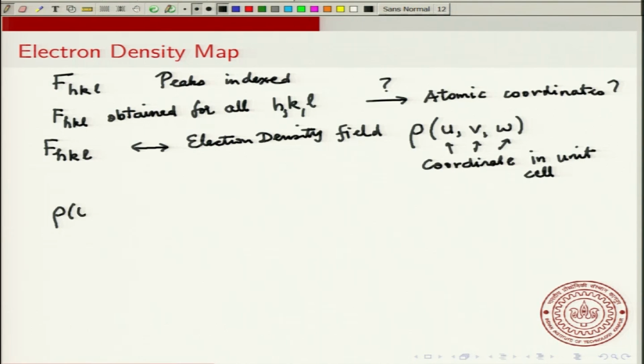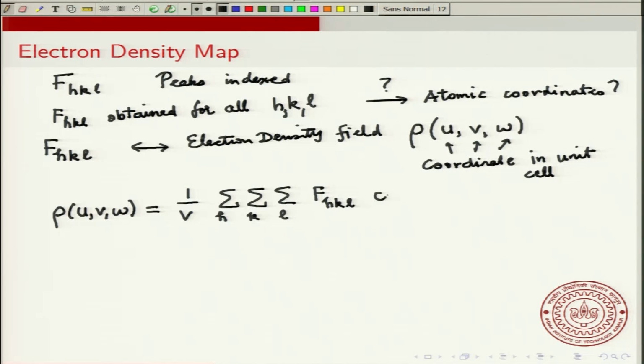So, rho of u v w, this electron density, is equal to 1 over V, sum over h, sum over k, sum over l, of f of h k l times cosine, the cosine part of the Fourier transform, 2 pi (h u plus k v plus l w).